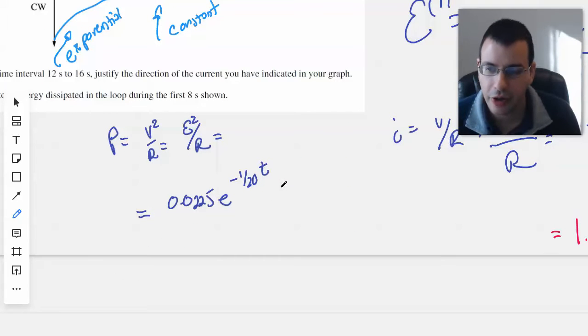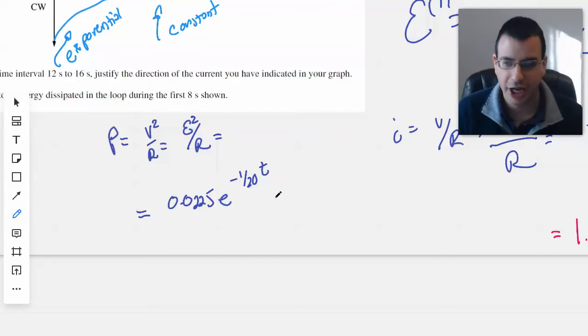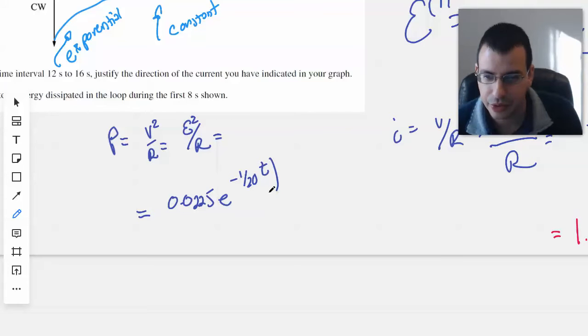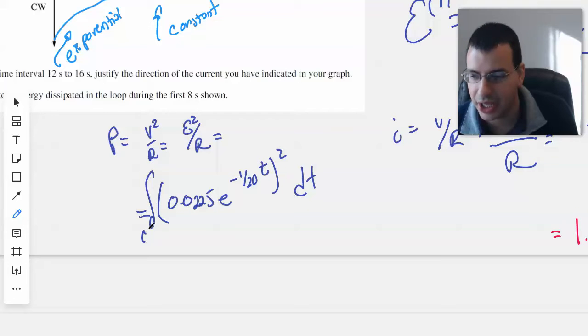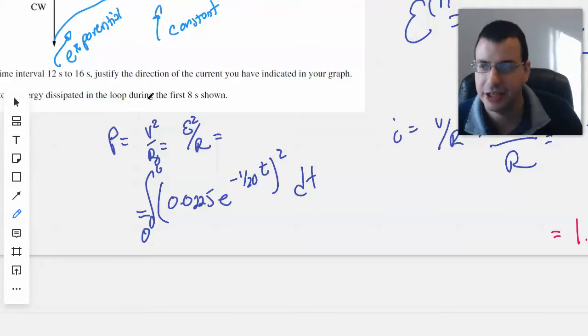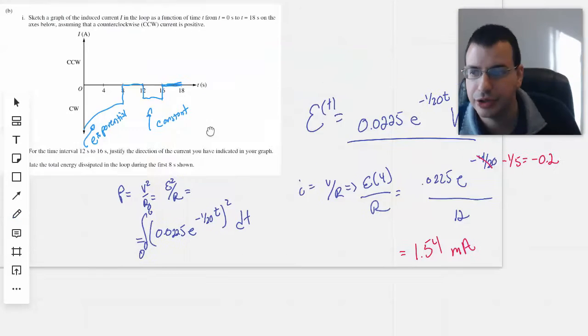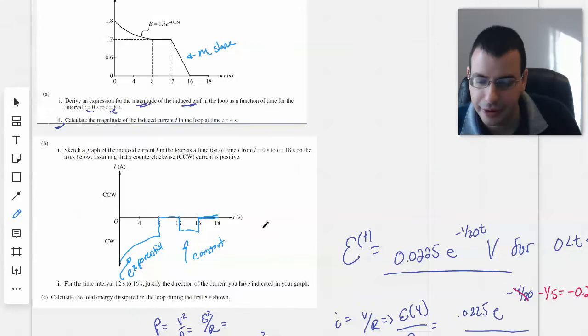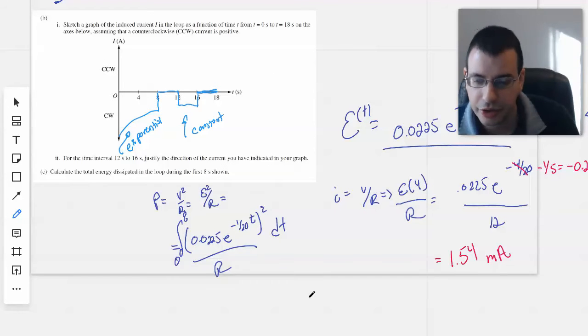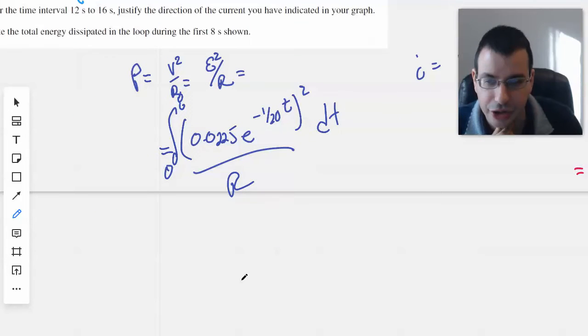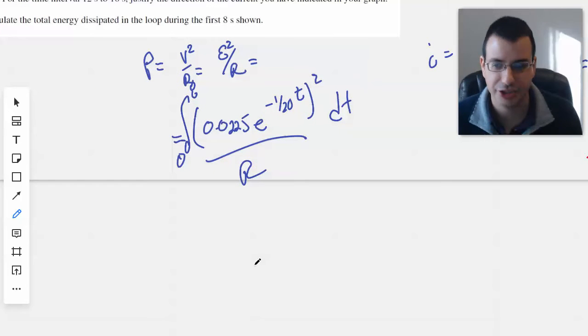And since it's changing over time, first we're going to have to square this, and then we're going to have to do the integral from 0 to 8. And 8 is the exponential portion right there. And then we're going to divide by r, which is a constant. So first thing I'm going to do is pull out as many constants as I can.